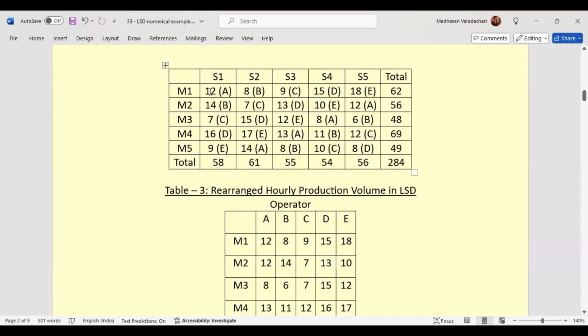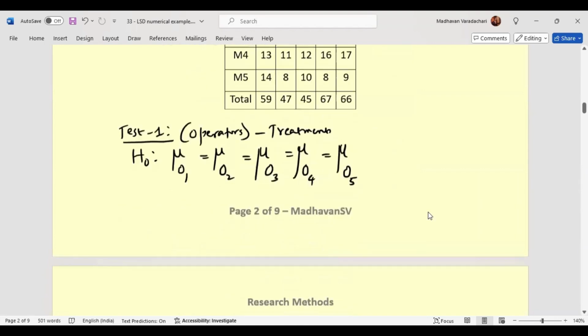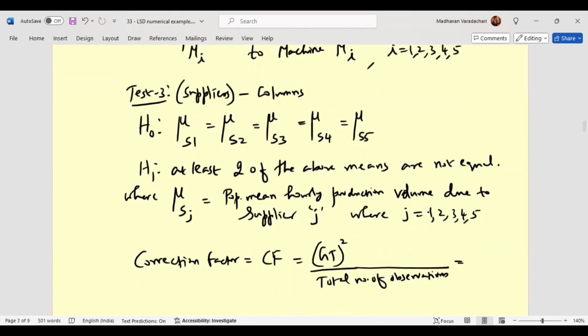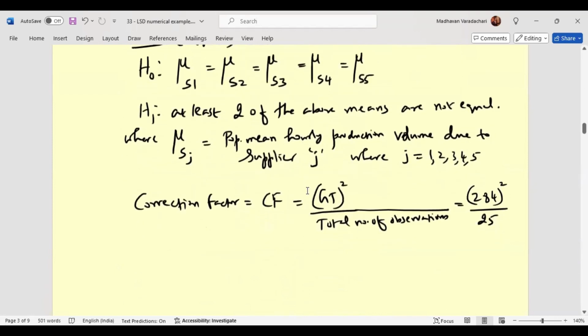Total number of observations: every row has got 5 observations. There are 5 rows, so totally 25 observations. So 284 square divided by 25. So if we calculate this, we will get CF, that is correction factor, as 3226.24.